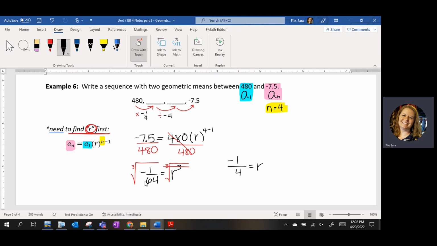Or does it have to be reduced? No, you could have left it as a decimal, and your final answer here would have been 0.25 instead of 1/4. You just would have had a decimal. Okay. All right, so I'm dividing by -4. I think it's easier to think of it as dividing by a whole number or an integer.